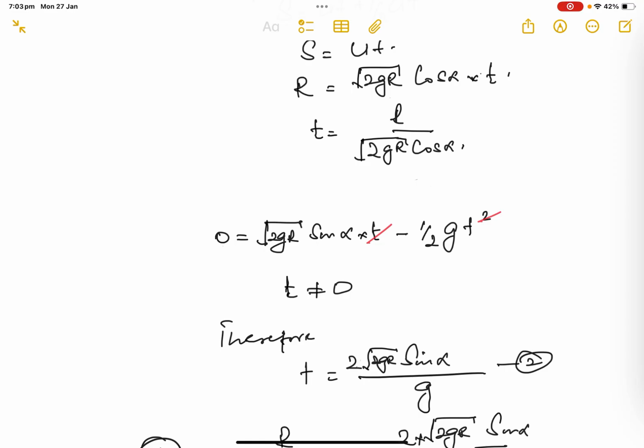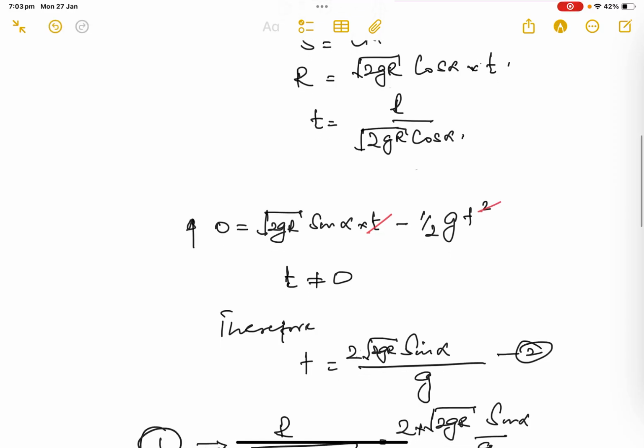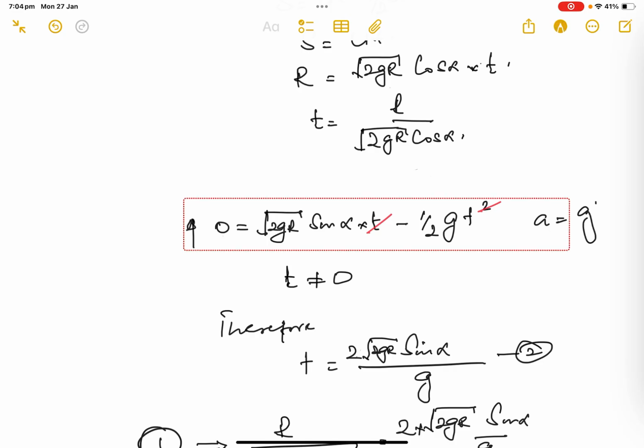So again we're using S equals ut plus half at squared. The total distance travelled vertically is 0, as it left the ground and reached the ground again, in the direction y. So 0 equals the square root of 2gR sine alpha, that's the initial velocity u vertically, times t, minus half g t squared, where a equals g, the gravity.